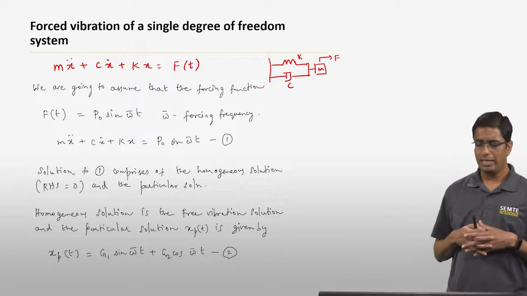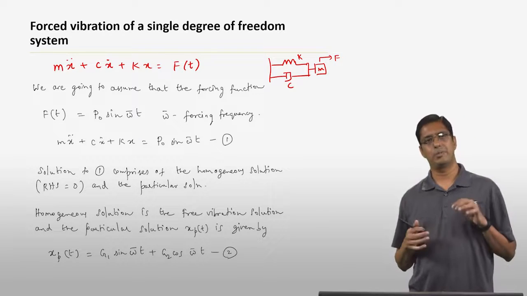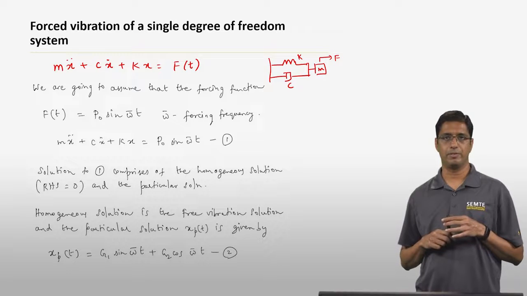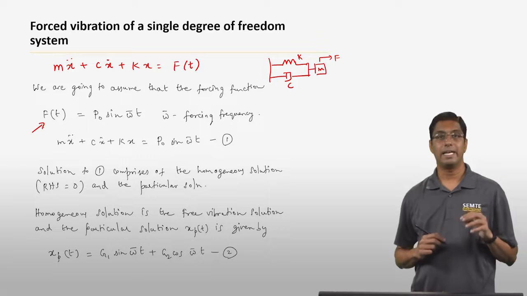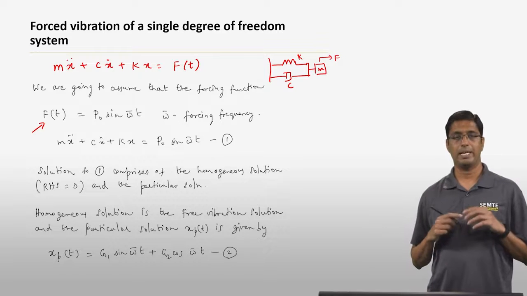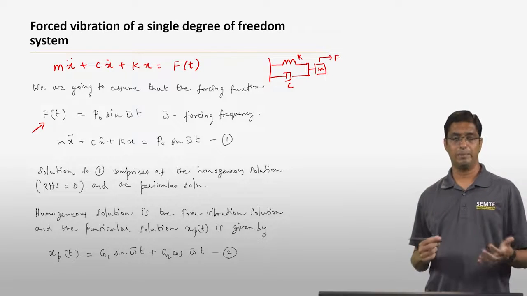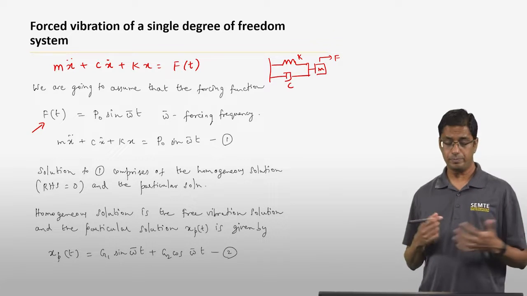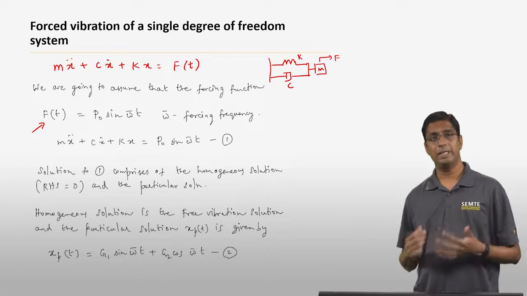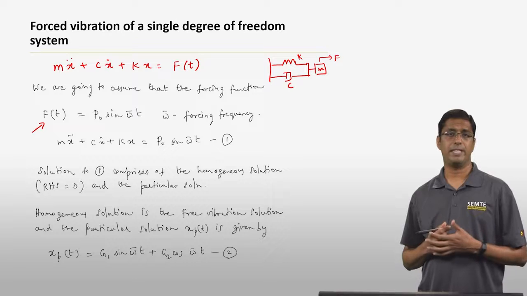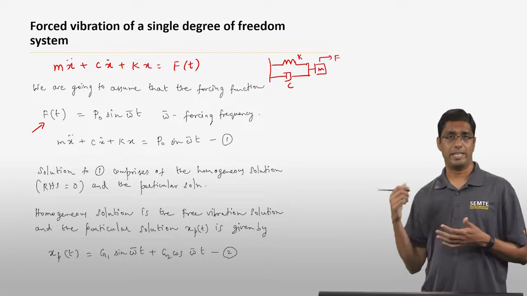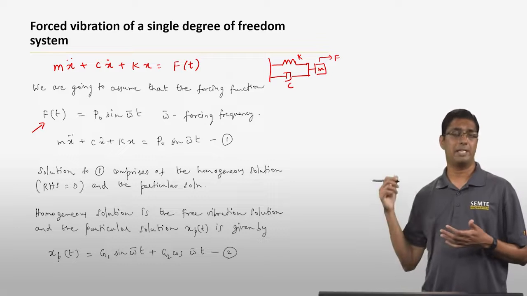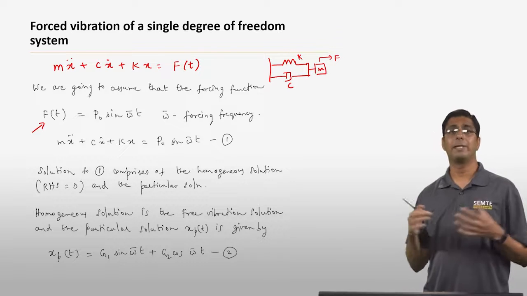Now, in this case, we are going to assume a very specific form of the forcing function f of t, which is p naught sine omega bar t. This is not the only possible forcing function, but in many engineering systems, you will find that the forcing function f of t is either some p naught sine omega bar t or some p naught times cos omega bar t, or a combination of sines and cosines.